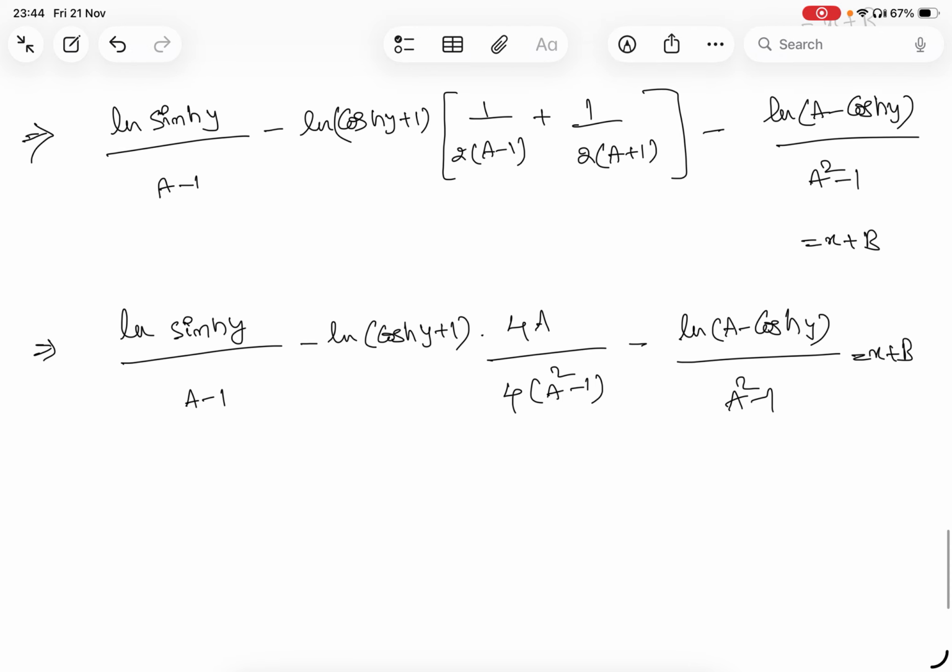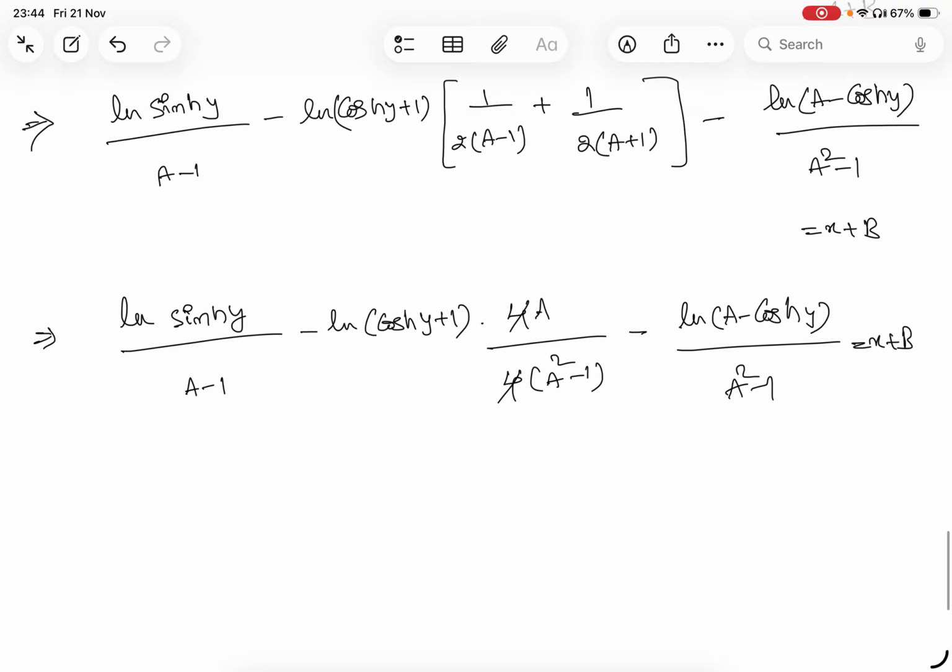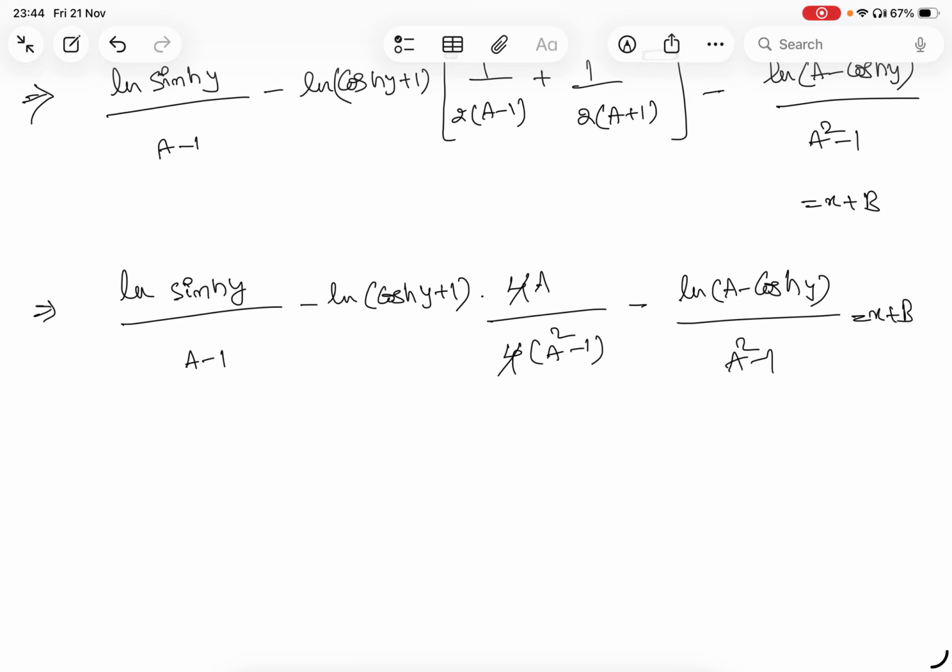Fine. Now you can do some simplification, which is 4 get cancelled, right? So this becomes, now as you can see in the denominator, the second and third terms contain a square minus 1. So let's write a square minus 1 for the first term also. You can do it just by multiplying and dividing with a plus 1. So this will become a plus 1 into ln of sin hy by a square minus 1.